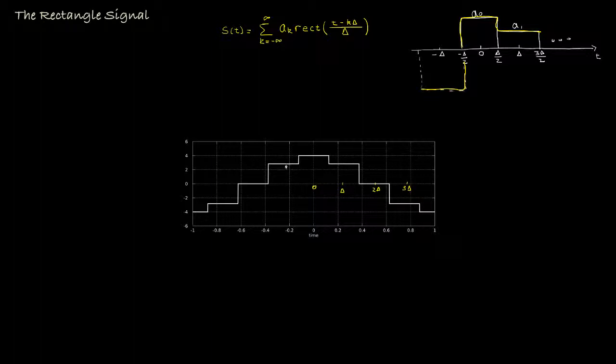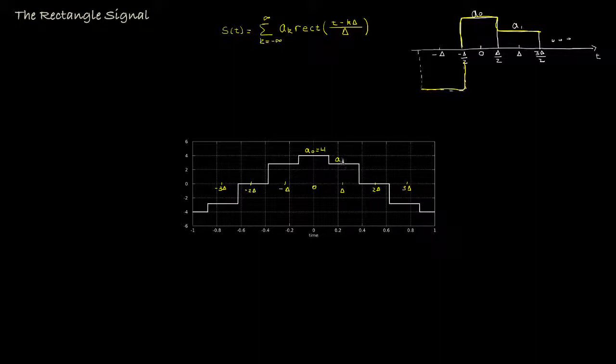And over here, this might be negative delta, negative 2 delta, negative 3 delta, and so forth. This value here, a0, looking on this axis, is equal to 4.